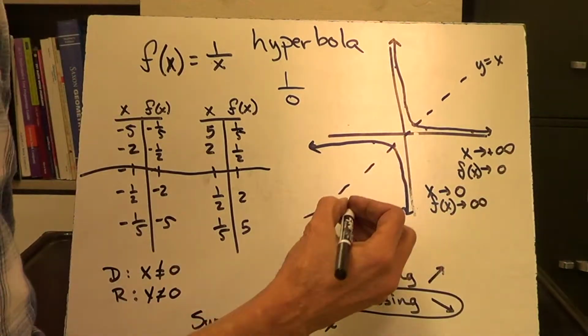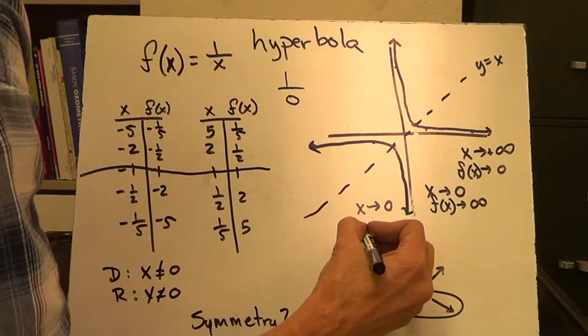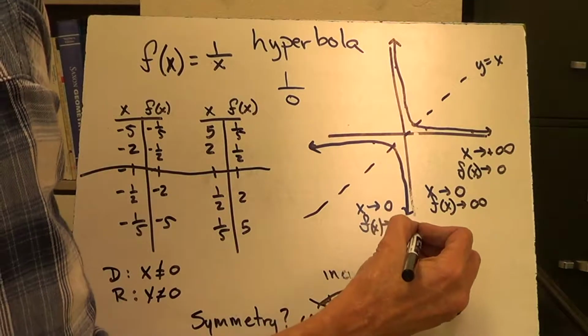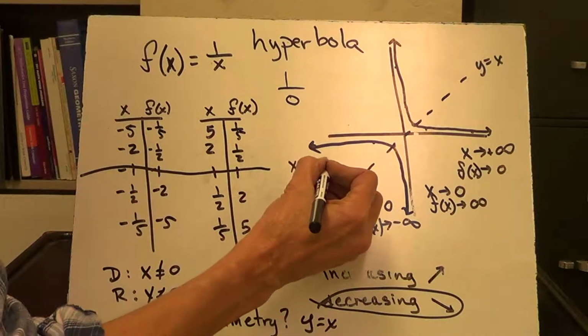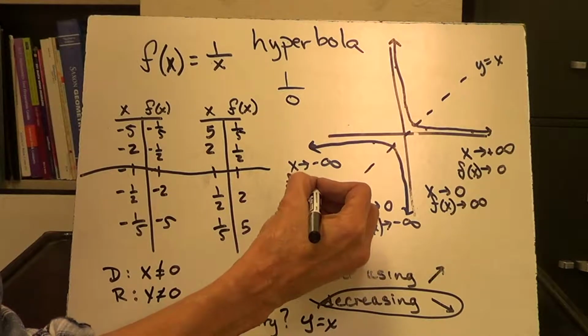Down on this side, as x is approaching 0 from the negative side, f of x is going towards negative infinity. And down here, as x is approaching negative infinity, f of x is approaching 0.